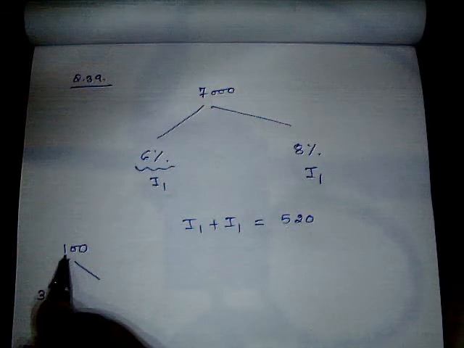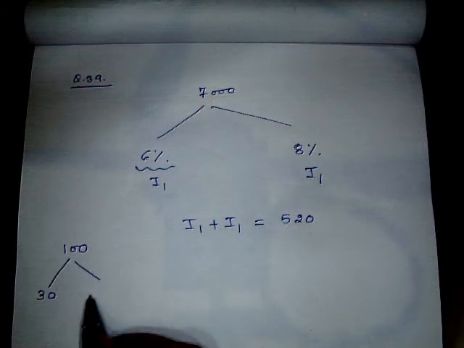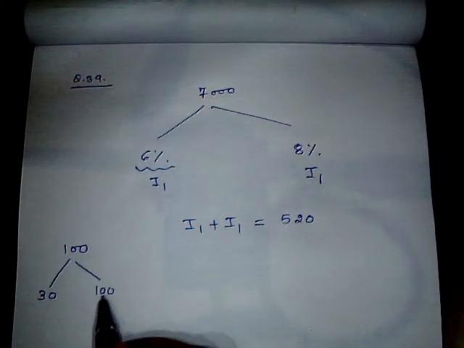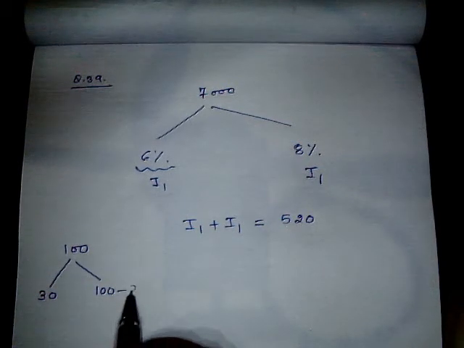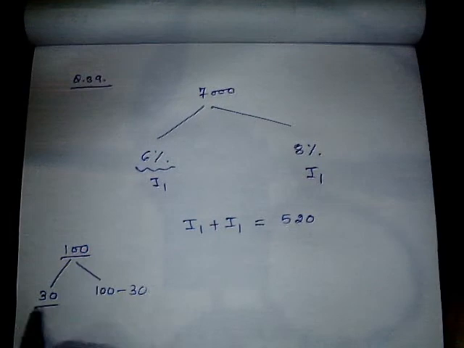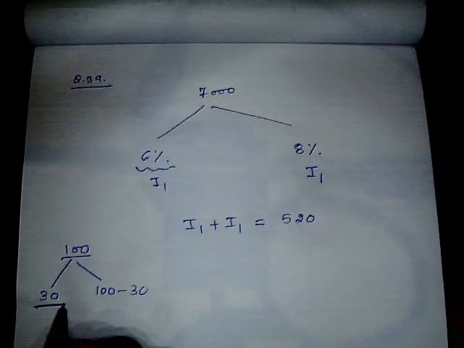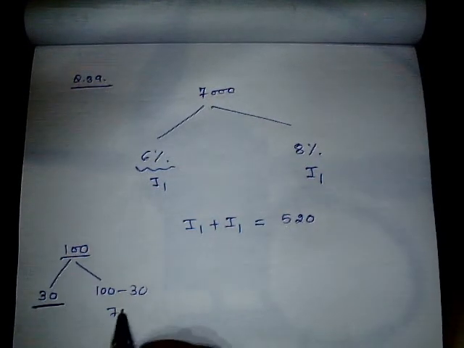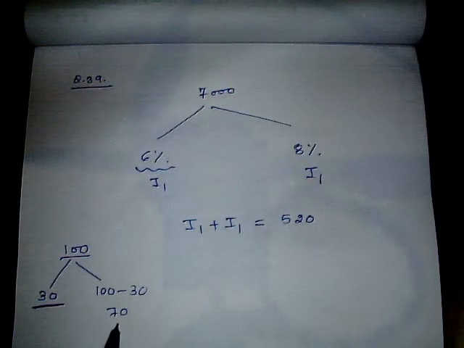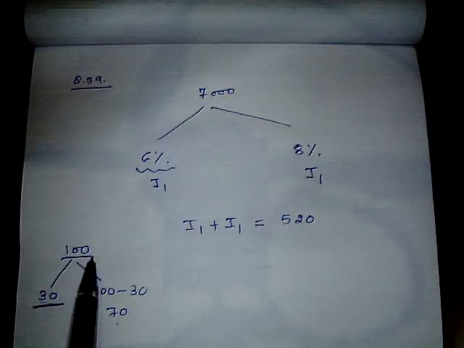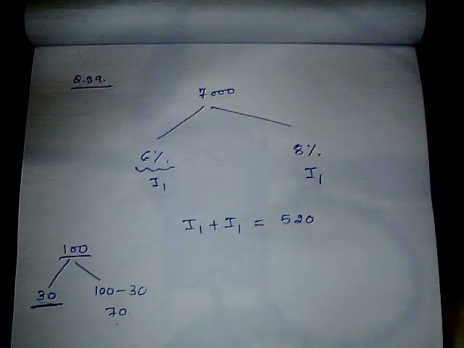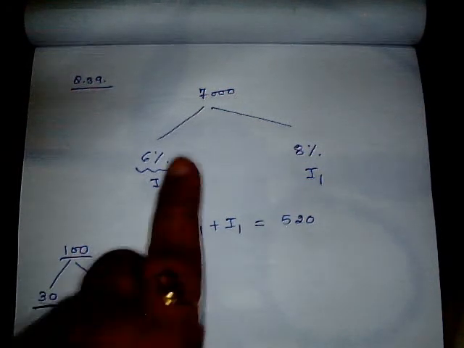I calculate it as the total amount minus the amount invested in the first bond. That is 100 minus 30, which is 70, and 70 plus 30 adds up to 100. This is the way to calculate each part, and here I have supposed 30, but in the question I don't know how much is going under each.